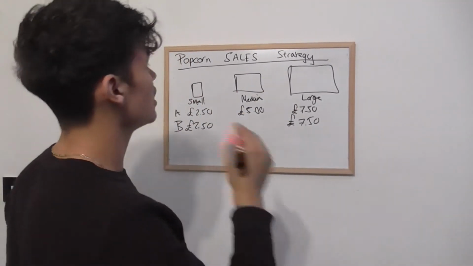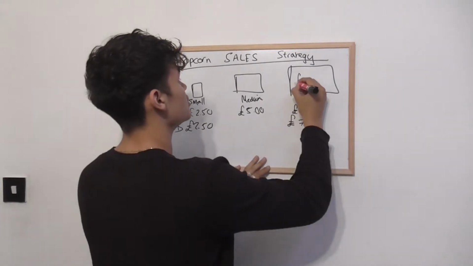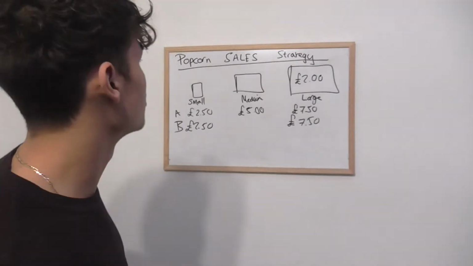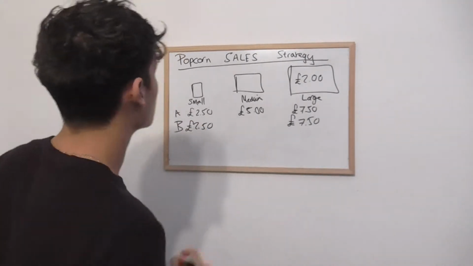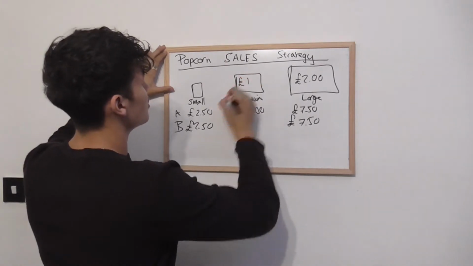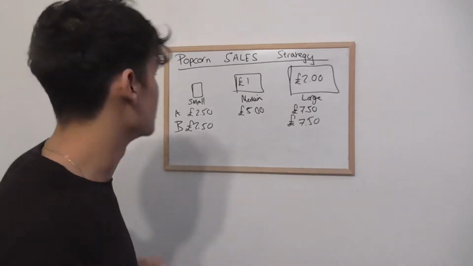Let's say the cost of a large bucket of popcorn costs £2. Yeah, £2 for the large bucket of popcorn. Let's say our medium bucket of popcorn costs £1. And then let's say our small bucket costs only 50p. Let's put that down.